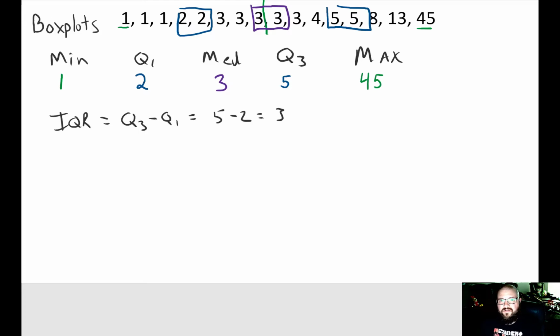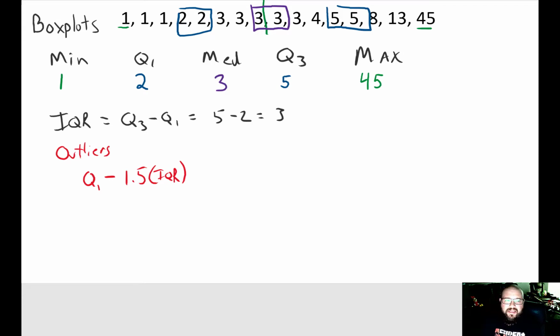So outliers are determined by the equations. For your lower bound fence, we take Q1 minus 1.5 times your IQR.